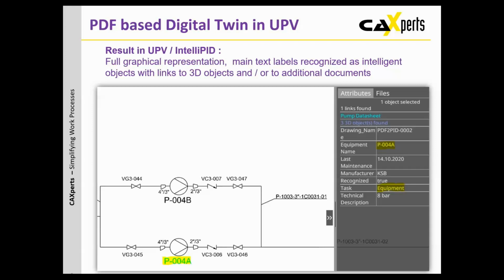It will get the additional properties like manufacturer and maintenance information and so on from the SDK that we have used to load, and also the link which allows you to open the datasheet, or the link which allows you to jump to 3D, but I will show you this in a few moments in the live demonstration.